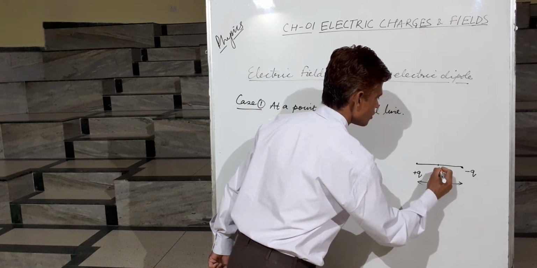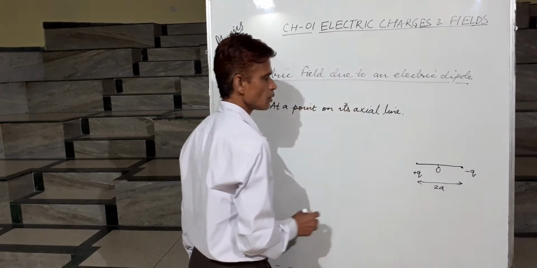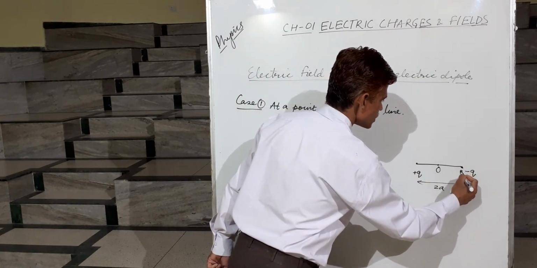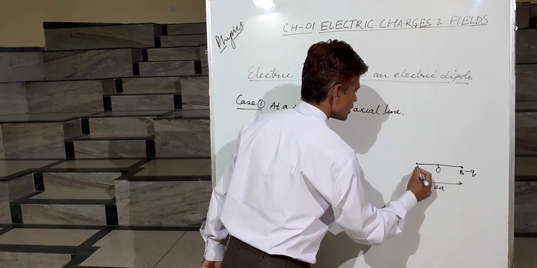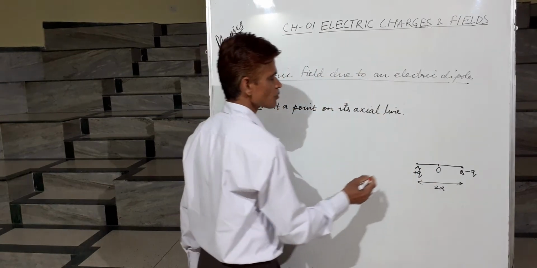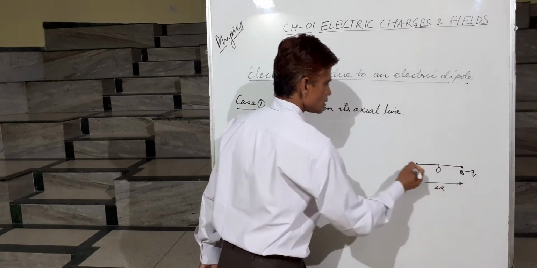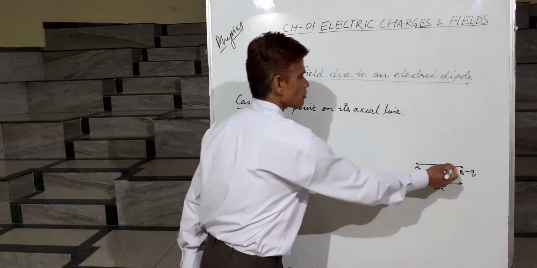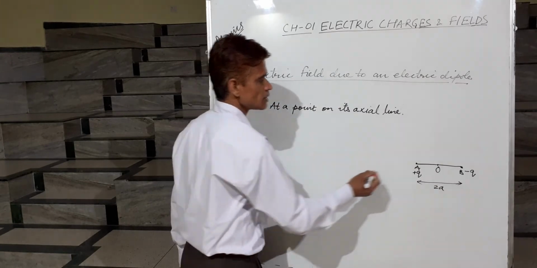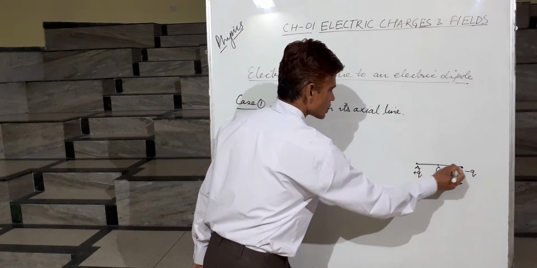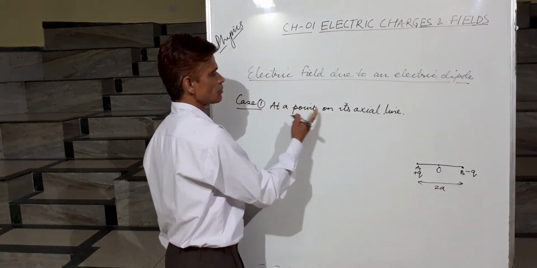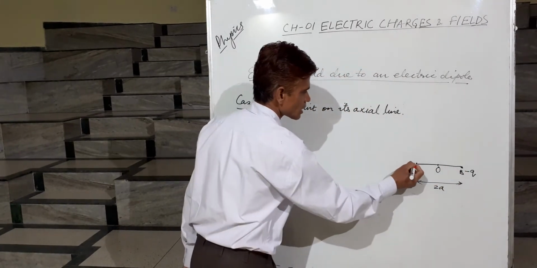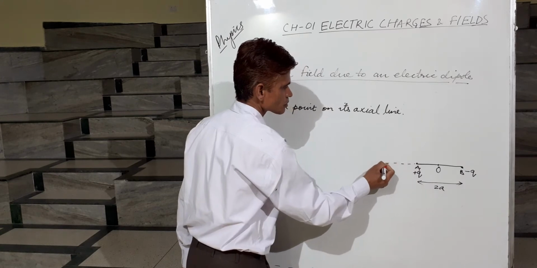This is the center of the dipole, let us take O. The position of this charge let us take at B, and this is point A, where we have the plus q charge. Now this line which joins the two charges, the pair of equal and opposite charges, is called the axial line. So we are going to calculate the electric field at a point on its axial line, that is on this line only.